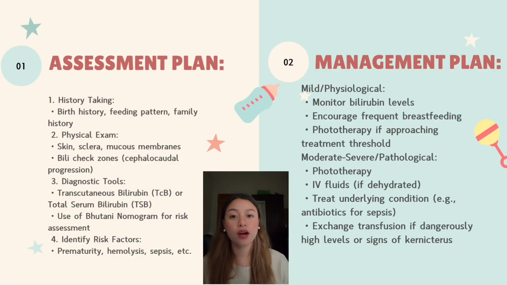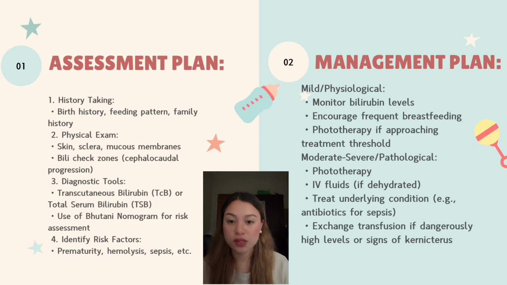So, here is the systematic approach for assessing and managing jaundice in newborns. For the assessment plan, first you have to take a history: the birth history, feeding pattern, and family history. The second is the physical exam. You have to check the skin, sclera, mucous membranes, the Kramer zones, or the cephalocaudal progression.